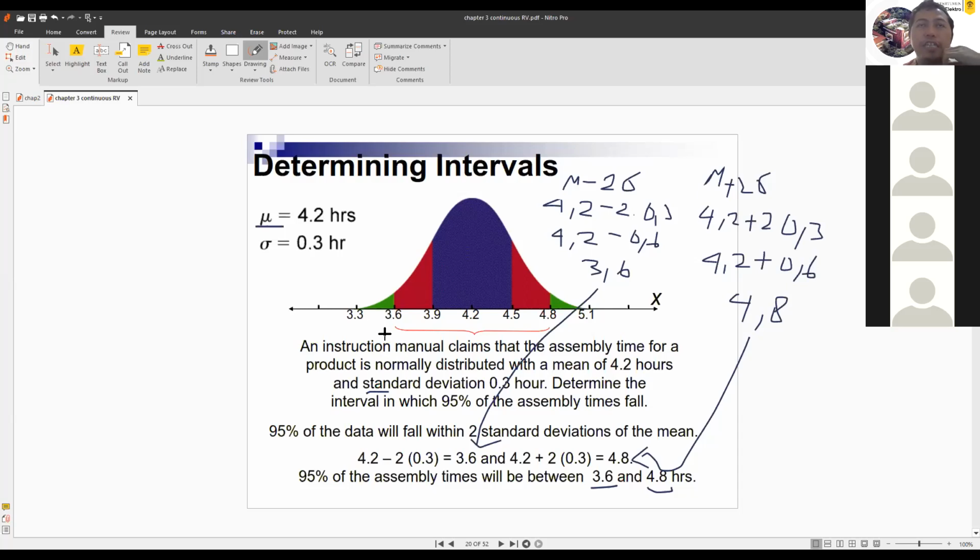Maybe my question is, what is the size of the left green area only? How many percent? You can work it out by yourself.